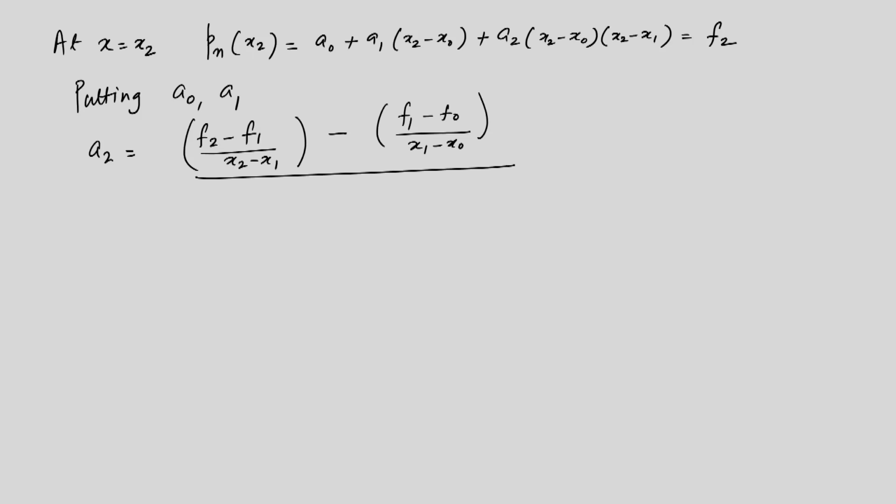So, let us just write the left hand side a little carefully. So, this is a 2 and this is x 2 minus x 0. Okay. So, we define, slightly cryptic, may not be easier, but for our convenience we use these notations.